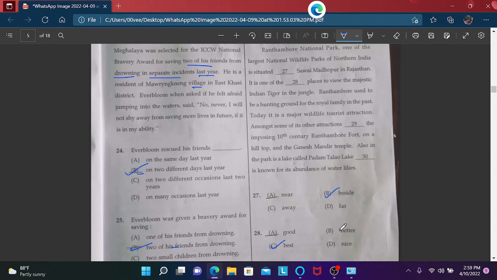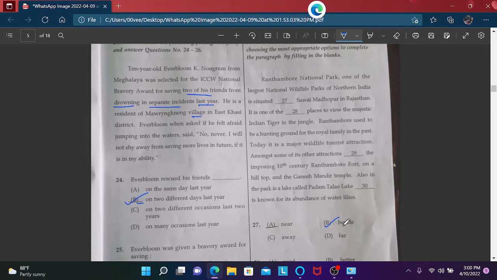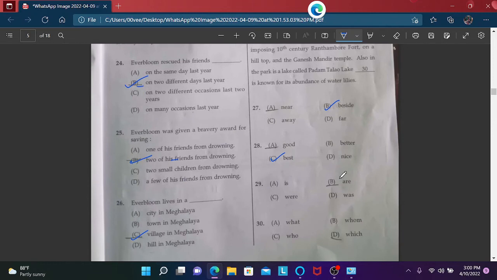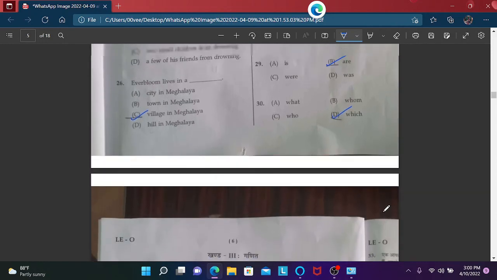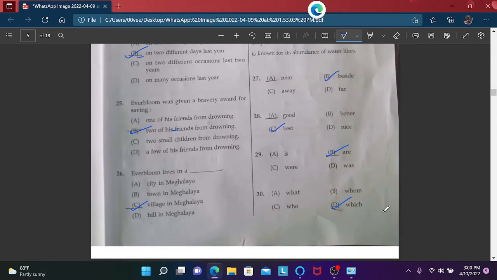Today it is a major wildlife tourist attraction. Among some of its other attractions are, right? Right, 29, are. Also in the park is a lake called Padam Talao Lake, which is known for its abundance of water lilies. So we completed part one and part two.